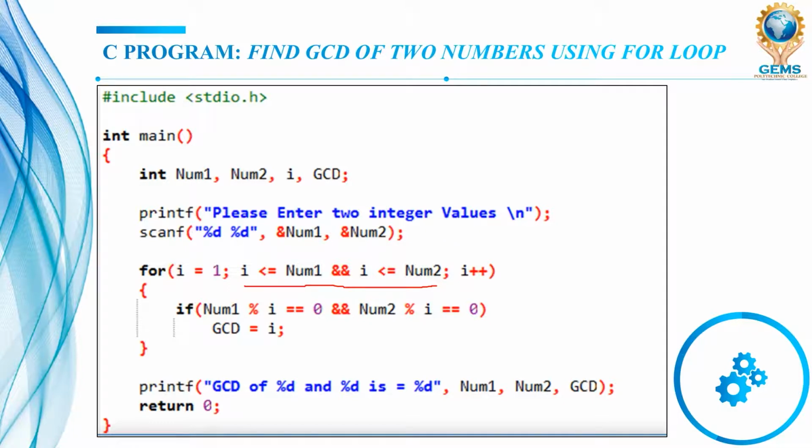As I told you in the previous video, our program will start from the main function, and each program has only one main function. That means we may have other functions, but only one main function. So this is all about our source code for finding the GCD of two numbers using a for loop.